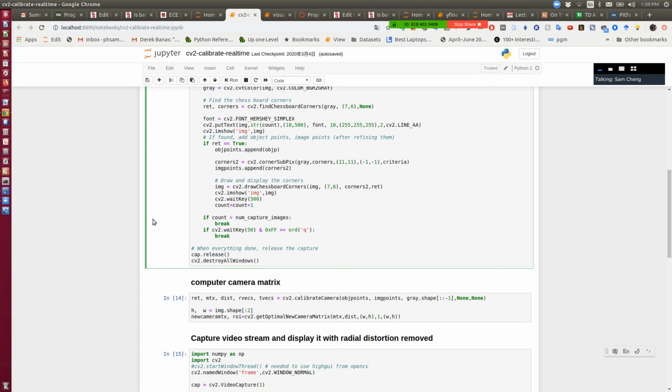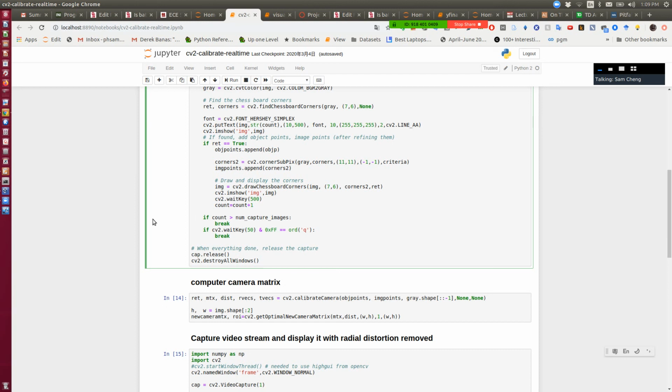So we need to compute these matrices. But the whole model here assumes that there's no radial distortion. If you have radial distortion, for example in your fisheye lens camera, then you need to first address that before you do any computations. But did I answer your question?